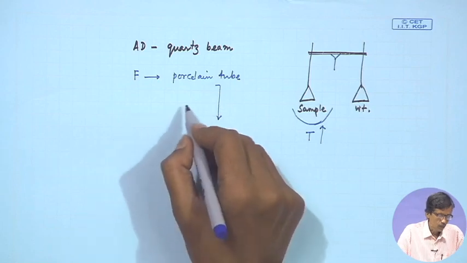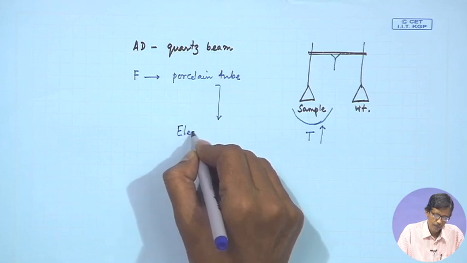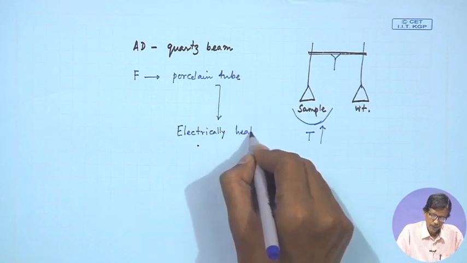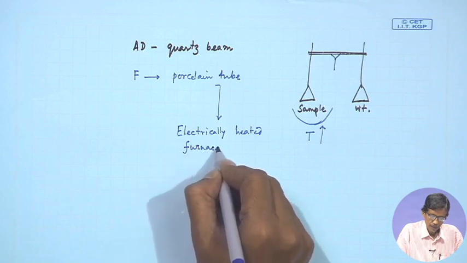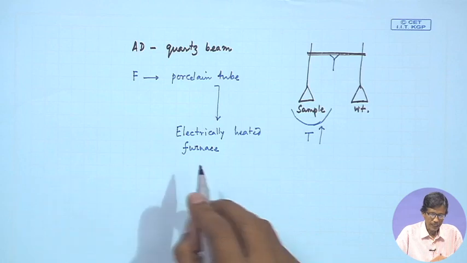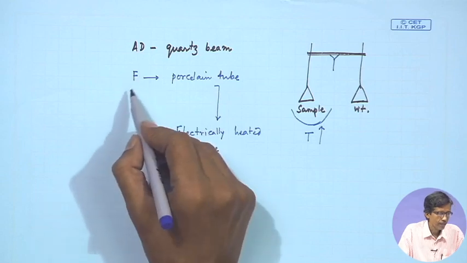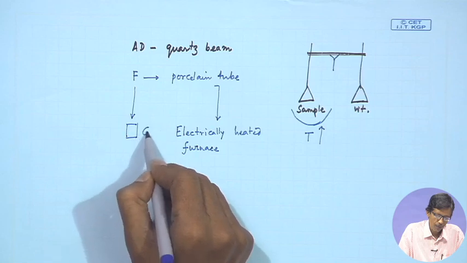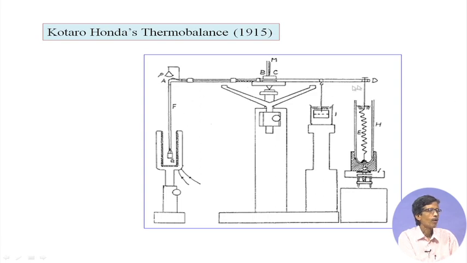So, this porcelain tube goes into the furnace, which is nothing but an electrically heated furnace. This electrically heated furnace would be useful for this particular measurement, and this F is then connected to the sample holder, which is your G. So, from this quartz beam there is F and this is your G.